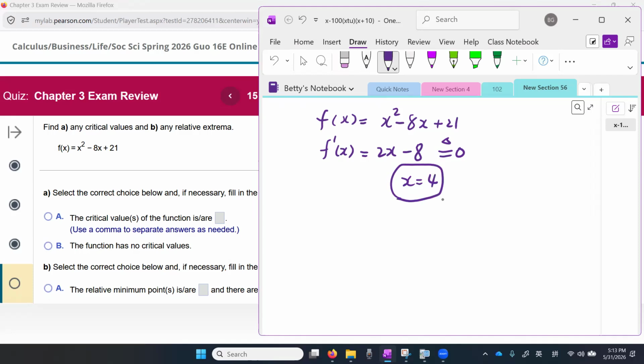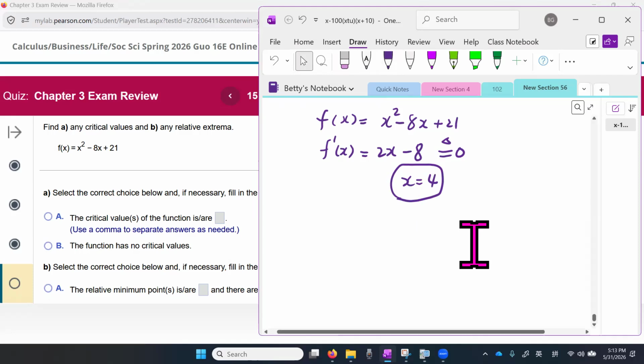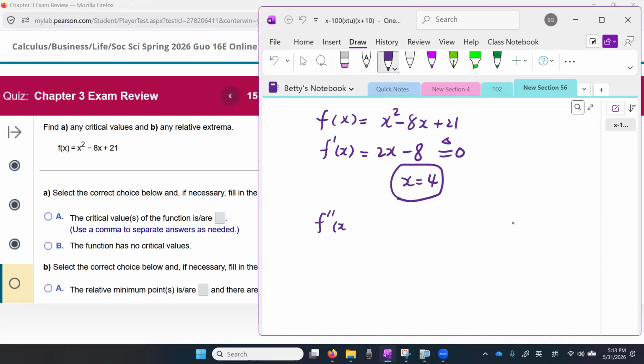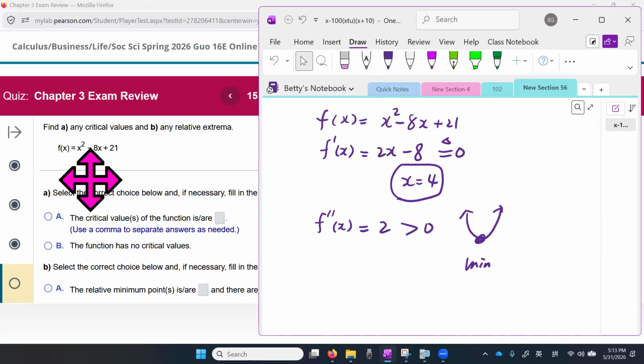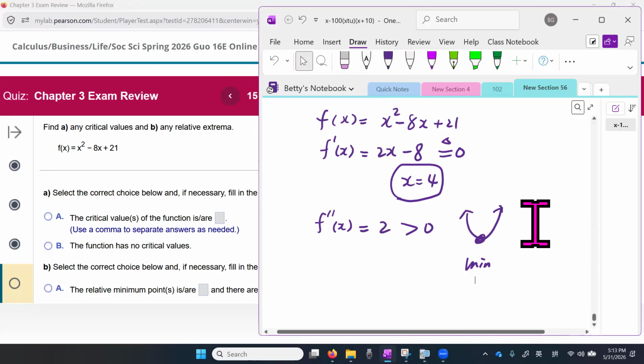This is the critical value. For relative extrema, I use the second derivative test. The second derivative is 2, positive, which means concave up. So the function reaches a minimum at 4. You can see clearly because the given function is a parabola that opens upward, so it has a minimum at 4.